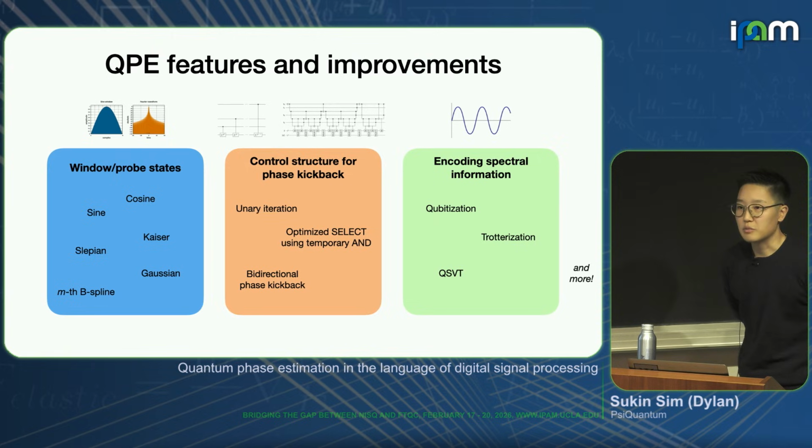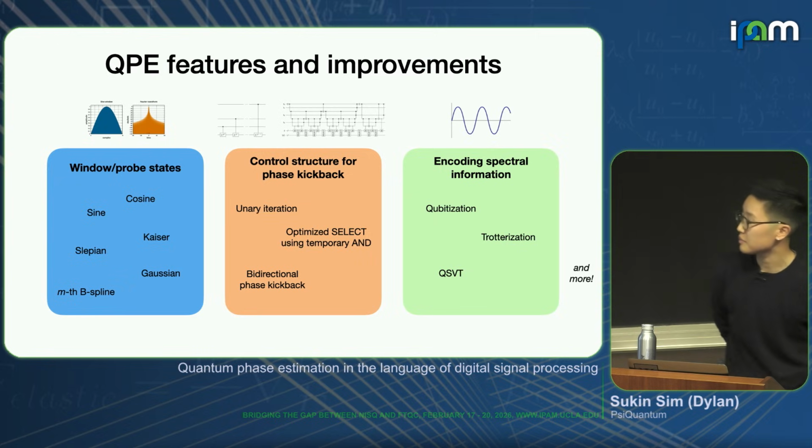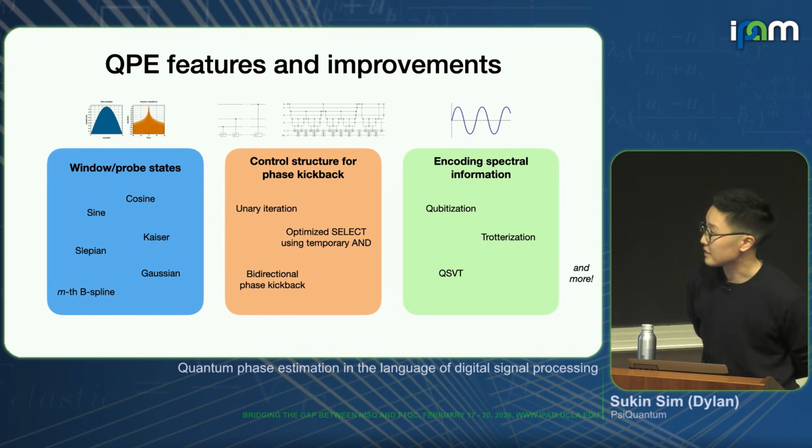And the last column can really be its own subdiscipline, in my opinion, the art of how to encode the spectral information that we're going to then query to get an estimate of the eigenphase. And of course, there are many more, but I only show these three for today.